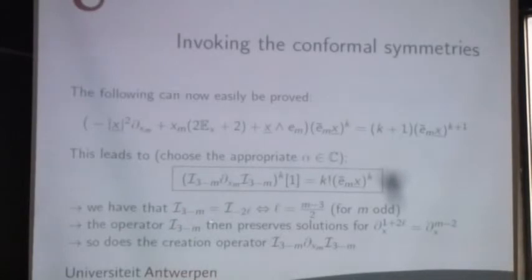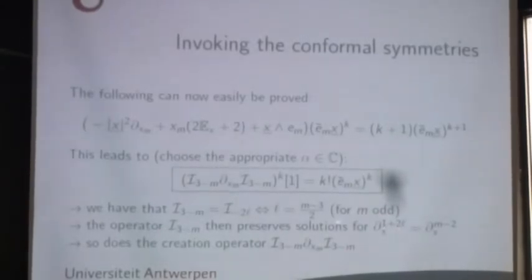Now I 3 minus m is equal to I minus 2l. Remember, I was interested in minus 2l. Well, 3 minus m is equal to minus 2l if l is equal to this number. Note, this only works for m odd, which already appeared on the previous slides. That also worked only for m odd. But I know that this operator preserves solutions for this operator here.